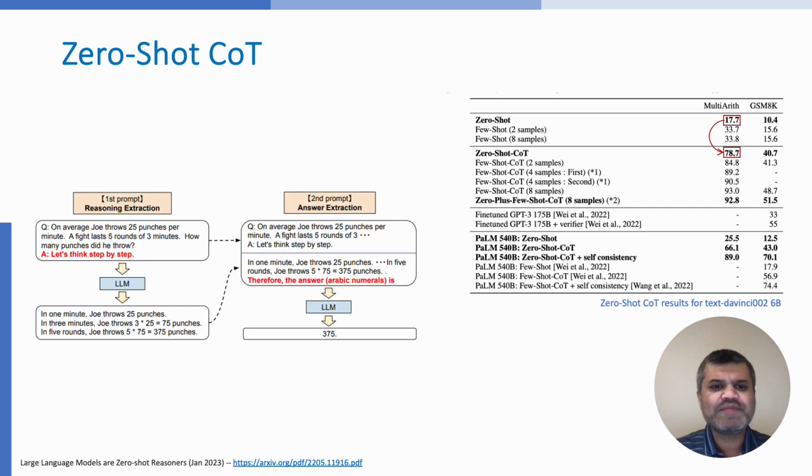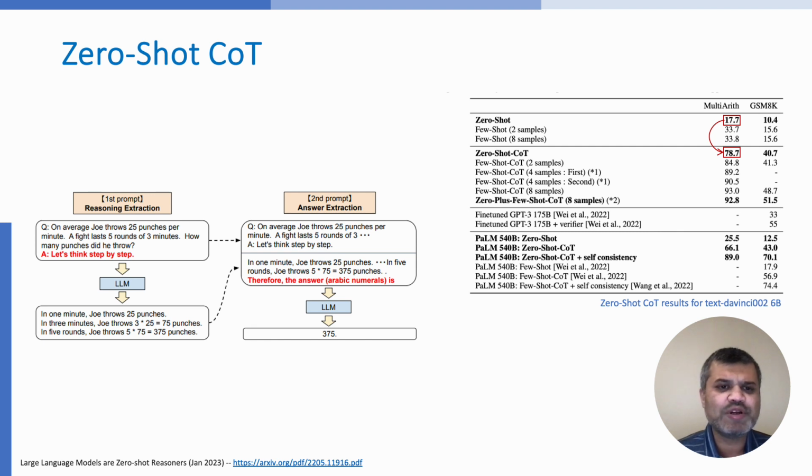And as I said, we can also do zero shot chain of thought prompting. In zero shot chain of thought prompting, we don't show any examples, but instead of asking the model to give the answer, we ask it to think step by step.